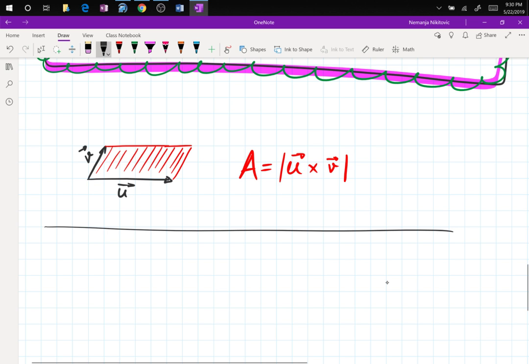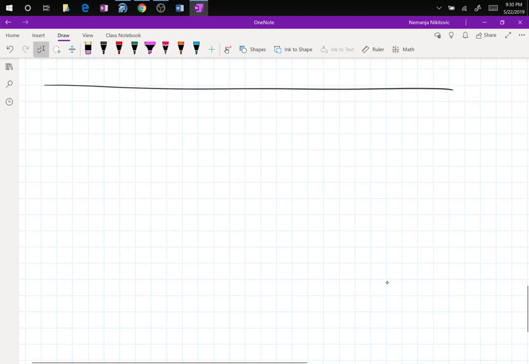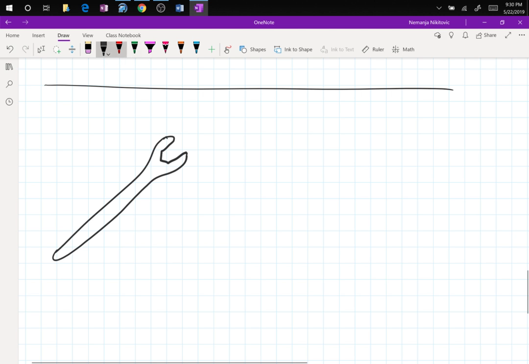Physics, that's why we're all here. Cross product, what is it used for? It's used for calculating the torque, and torque is the force that operates in circles. So if you think about the wrench, and now we're going to put a nut over here.